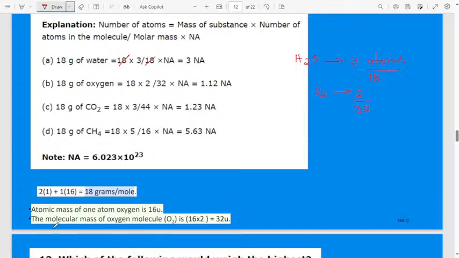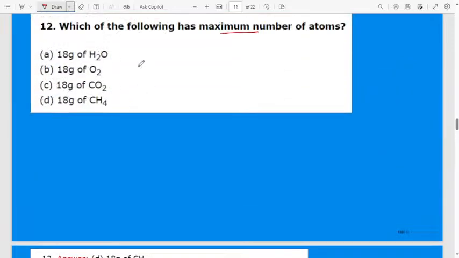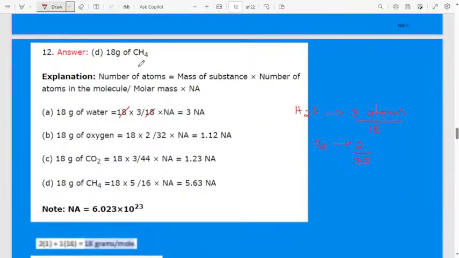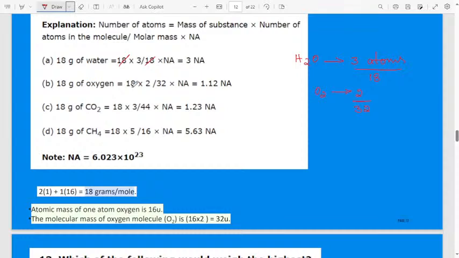Molecular mass of oxygen is 16 twos are 32. Here they have given 18, that is the mass of the substance. Sorry, this is not the molecular mass. This 18 gram is the mass of the substance, and it is fixed for all the cases. All 4 cases have the same amount of substance, 18 gram.